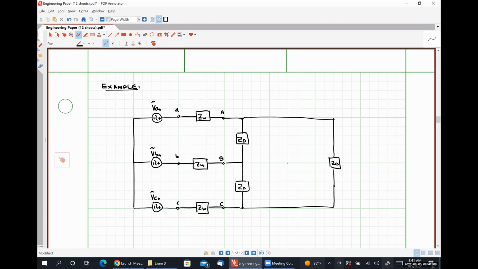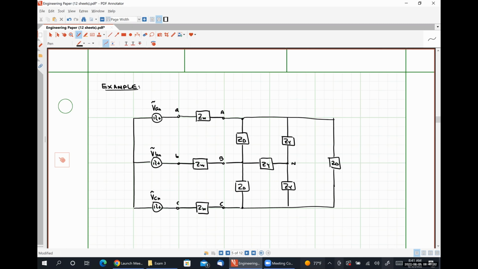So this point right here is going to be my neutral. And then here is ZY. Here is another ZY. And then here is our third ZY.